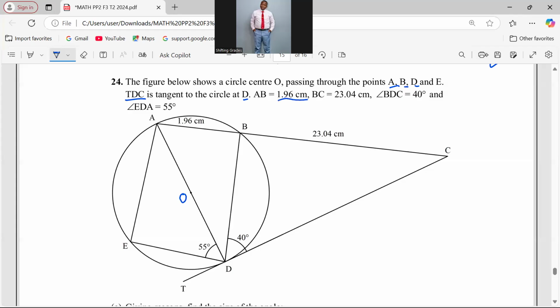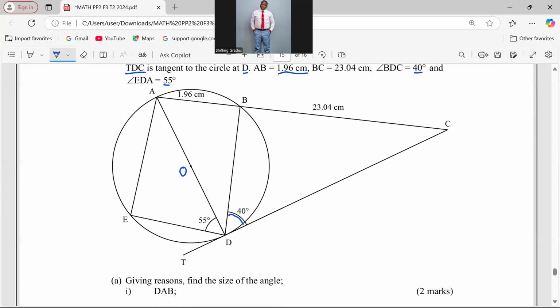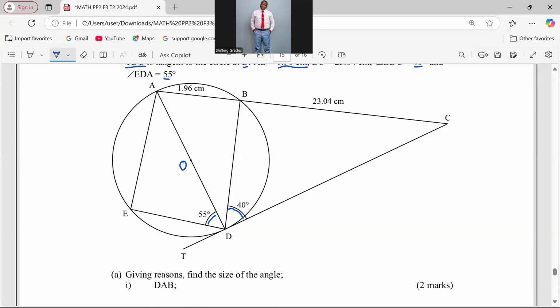Line BC equals 23.04 centimeters. Then the angle BDC equals 40 degrees as indicated. And another angle EDA equals 55 degrees, still as indicated.